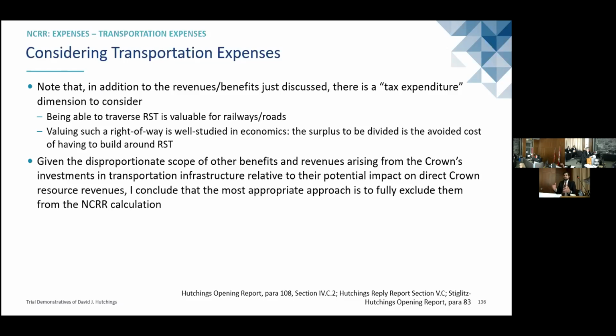And a landowner of the RST might say, oh, I should get some of that. It's valuable for you to use my land. If you have a plot of land and I want to build across it, you're going to say, give me something. It's valuable to you. So that didn't happen here.